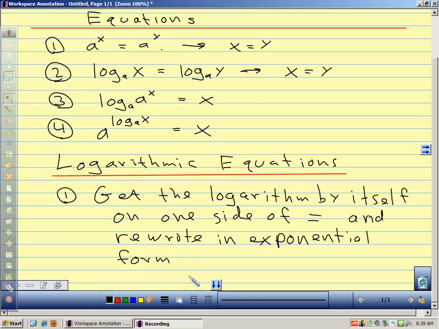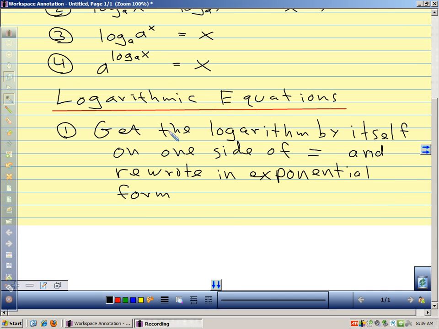We'll do like we did on the quiz, where we change the logarithmic form to exponential form, something we already know how to do. We just have to get the logarithm by itself first.